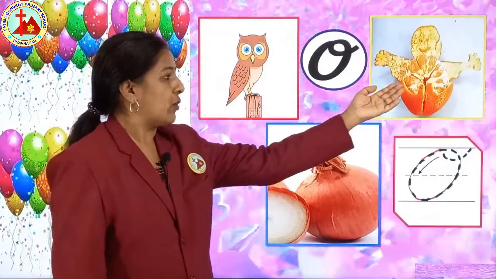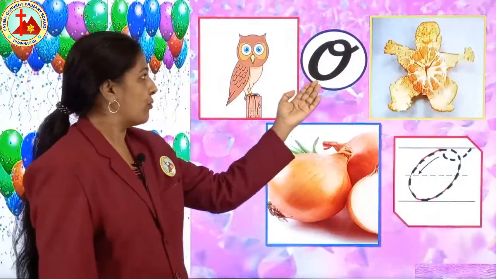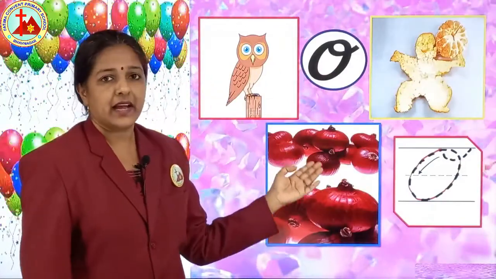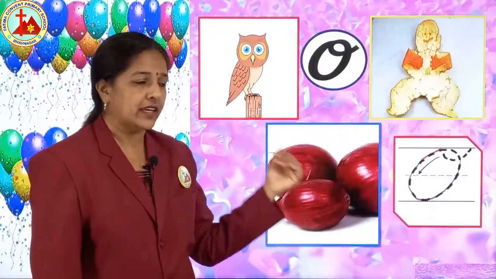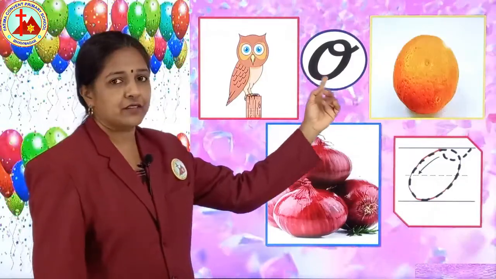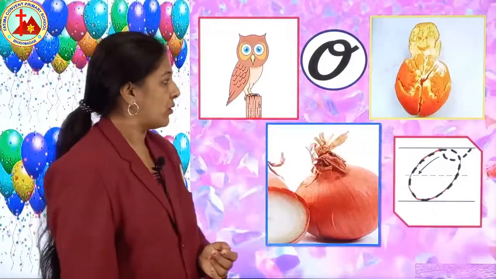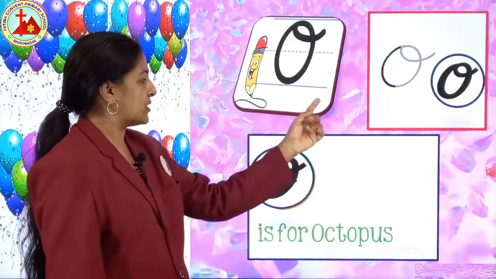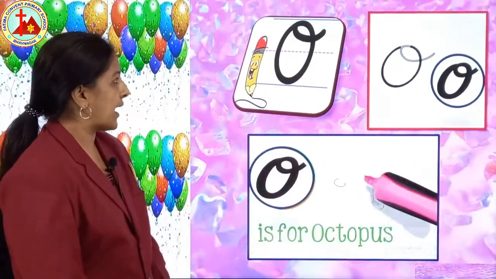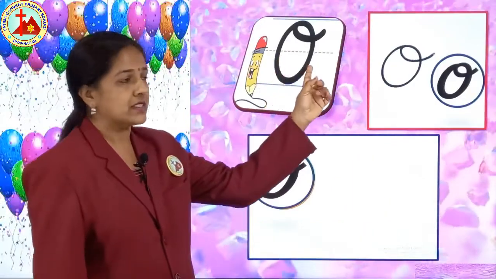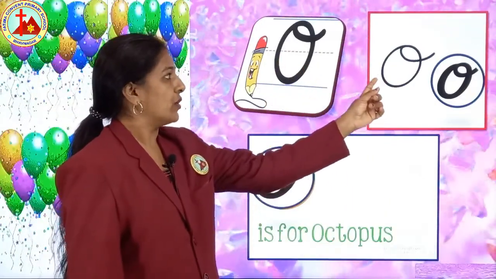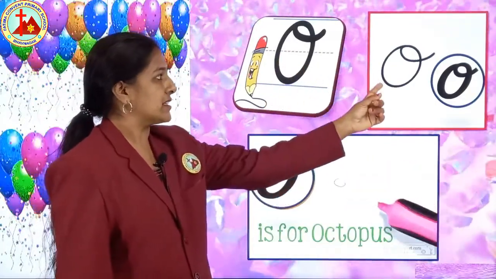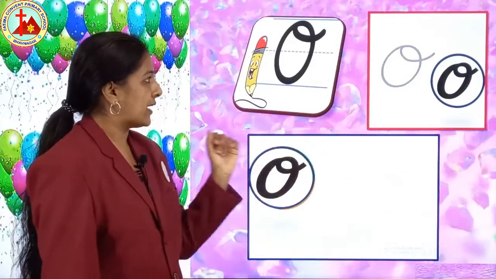O for orange, O for owl, and O for onion. This is cursive capital O. And next, this is the formation of how you have to write cursive capital O. You have to write it like this.